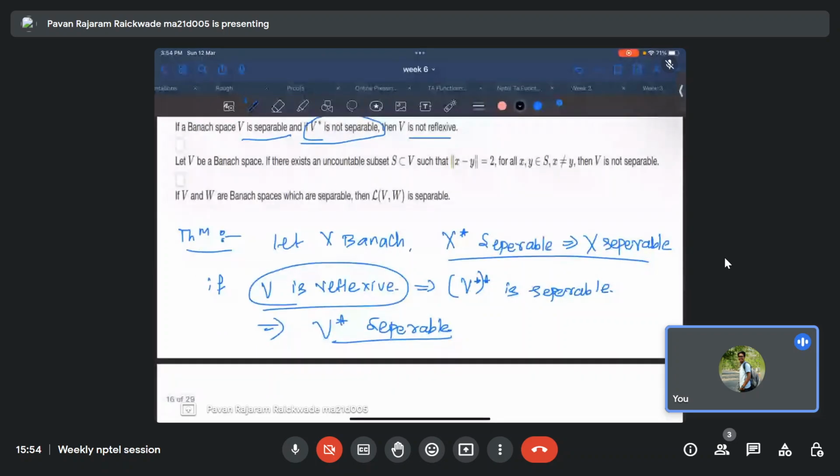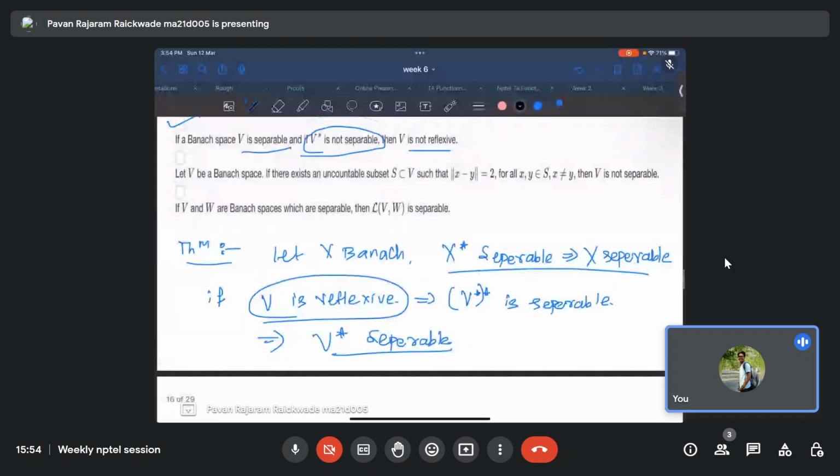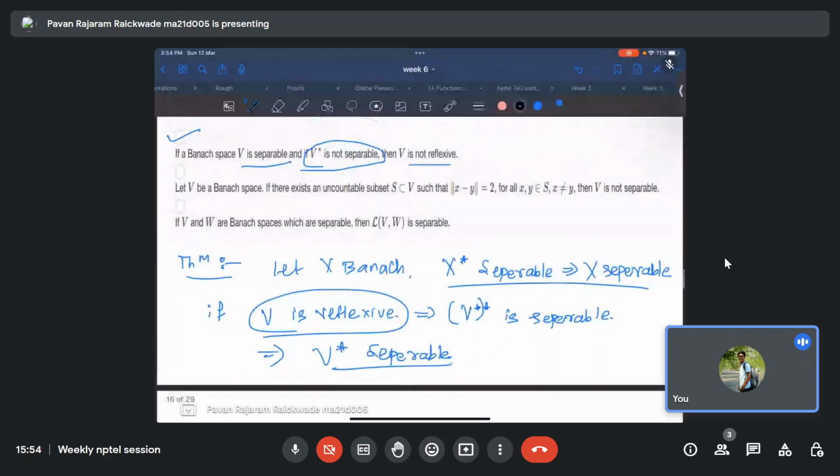So option B now, which says let V be a Banach space. If there exists an uncountable set S, subset of V, such that norm x minus y is 2 for all x, y in S, then V is not separable. This is the same as what we have done for showing L infinity is not separable. You have an uncountable subset such that any 2 points are at distance 2. So any dense set must contain uncountably many elements to cover all such points of S. So it cannot be separable.